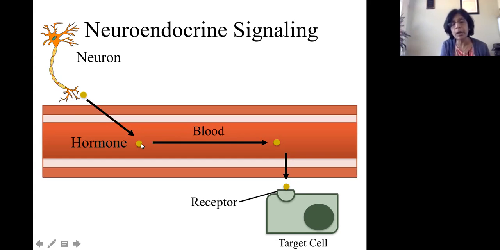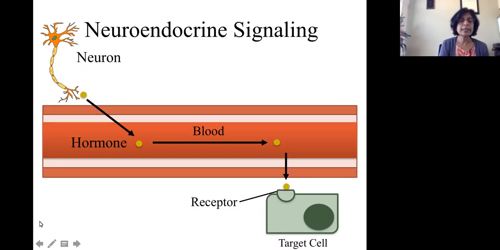It reaches the blood, travels in the blood until a target cell receptor is found. A few examples of neurons serving as endocrine glands would be the hypothalamus and anterior pituitary gland. We will look at those in the later part of the chapter.